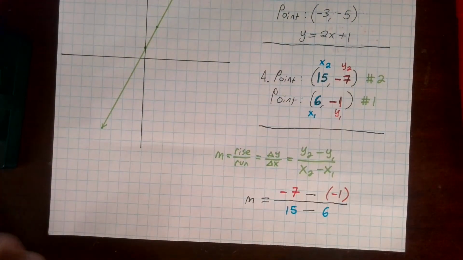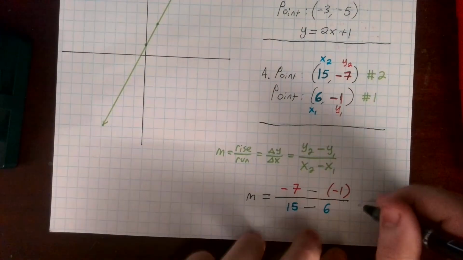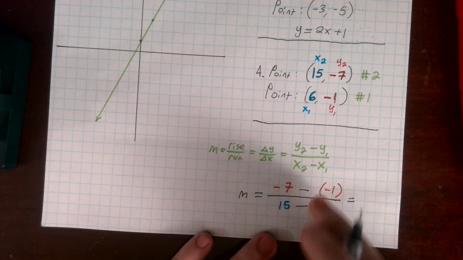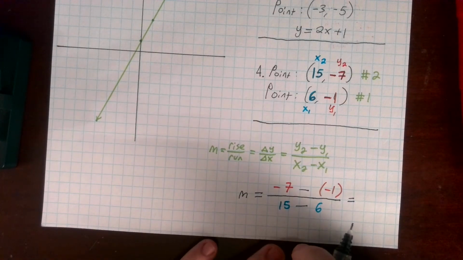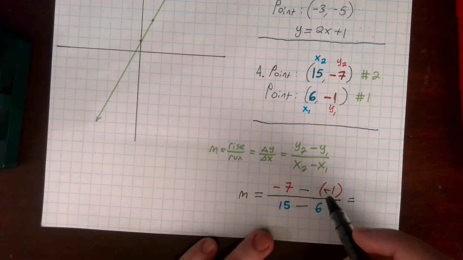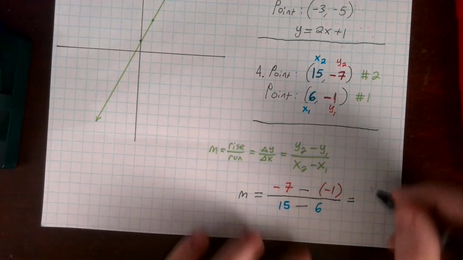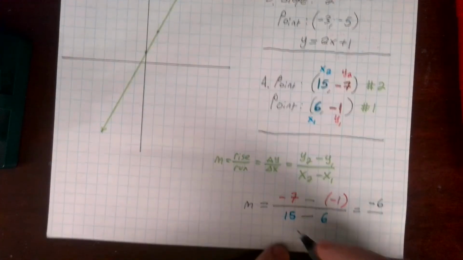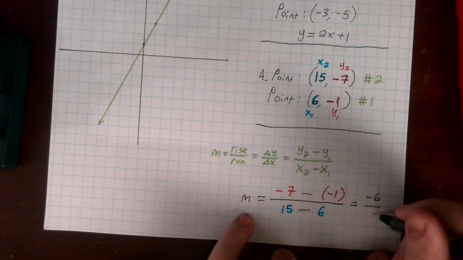Now we have everything together. All we need to do is do 2 quick subtraction problems and then simplify. What is -7 minus -1? Well, we recall that 2 negatives make a positive, so this is -7 plus 1, which is -6. What's 15 minus 6? That one's a little easier. It's 9.